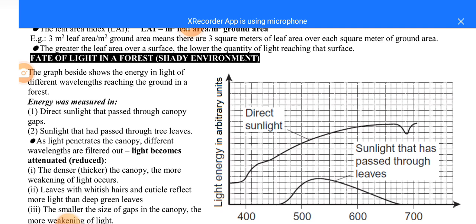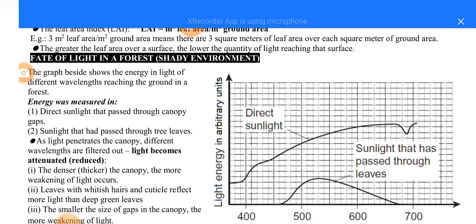As light penetrates through those layers, different wavelengths are filtered out and the light becomes reduced. Then two, the denser the canopy, the more weakening of light occurs.